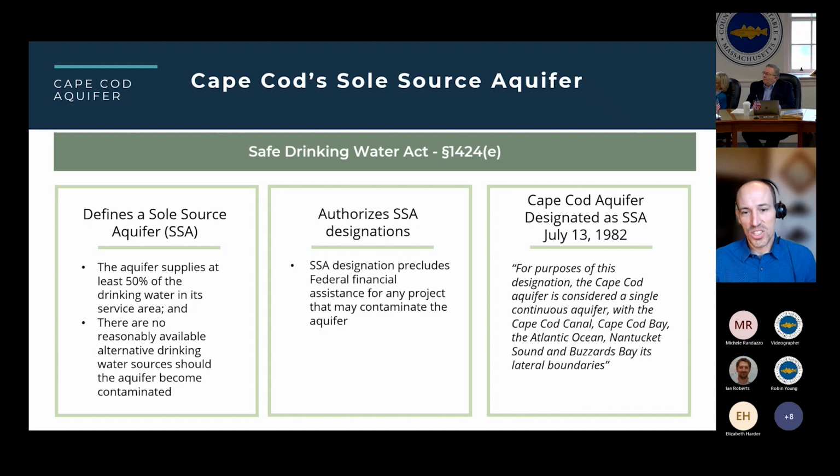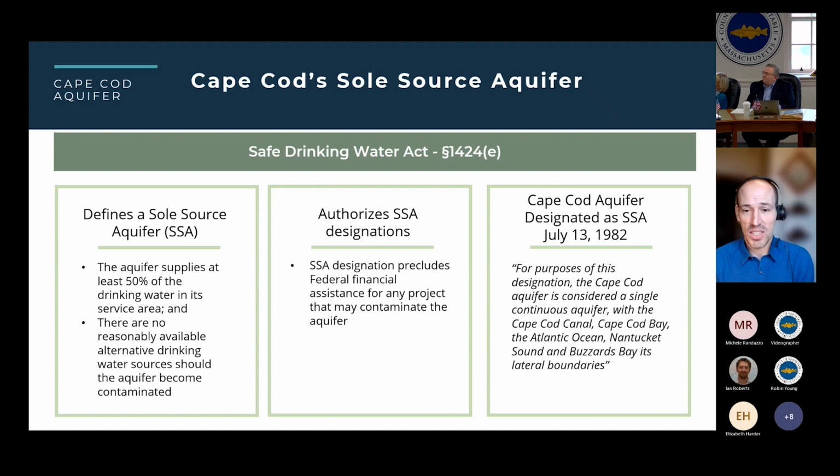Designation as a sole source aquifer basically precludes federal financial assistance for any project that may contaminate the aquifer, and it has some associated review processes in order to make that determination of projects that may contaminate the aquifer.